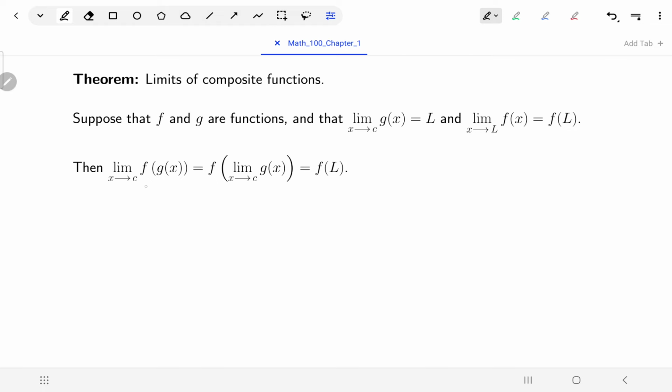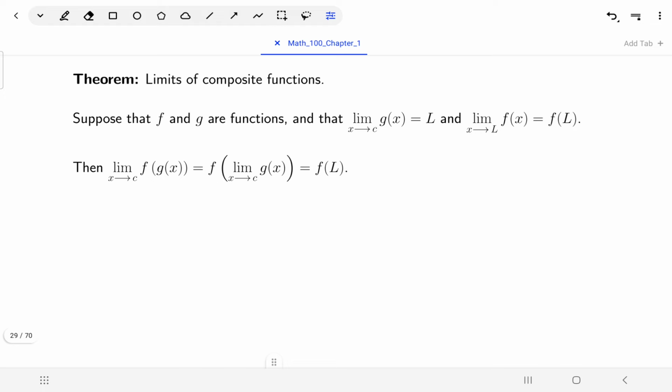So here, the function that we're looking at, f composed with g, g is the inside function. So if we're looking at the limit as x goes to c of this composite function, if the inside function has a limit, and if that limit exists for f, then you can basically find your limit by direct substitution, substituting into the inside function, evaluating that, and sticking it into the outside function.